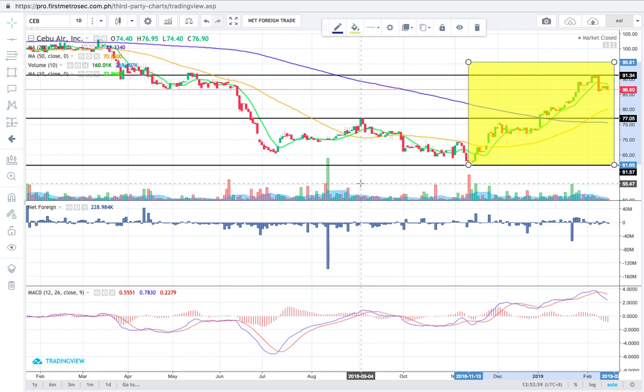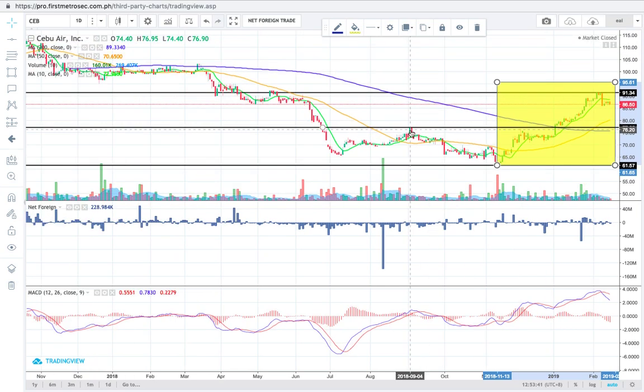When the current resistance level is broken up, meaning the price continued its trend in the upward direction, that resistance level becomes a support level. This is where I'm trying to drive the discussion. I would like to send across the message that when the current resistance level is broken, disrespected, violated, that resistance level becomes the new support level of the stock.